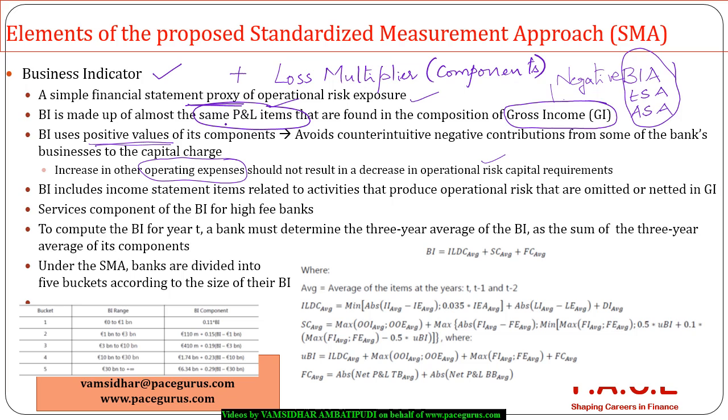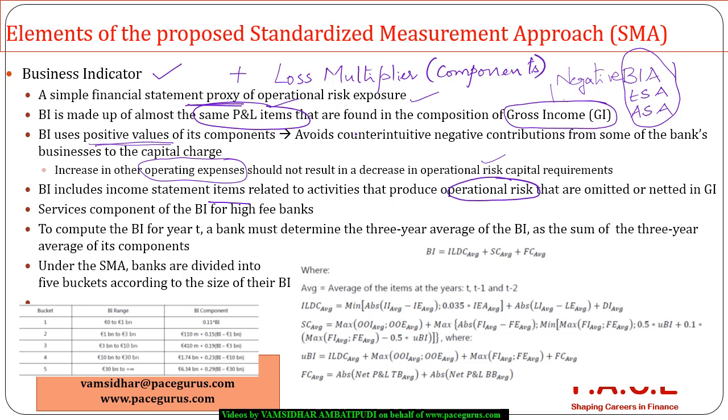So that way, this is much more reliable compared to the advanced measurement approach or the standardized approach, which had gross income as one of the bases. All the income statement items which can produce operational risk are included in this approach.